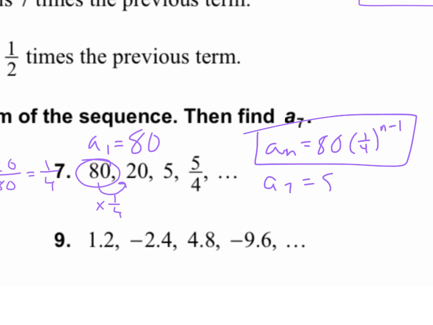So what are we going to plug in for n? 7. Make sure you know how to put this in your calculator. So we have 1/4 to the power of 6. And then we multiply that times 80. So that gives us A sub 7 is equal to, I got 0.01953.